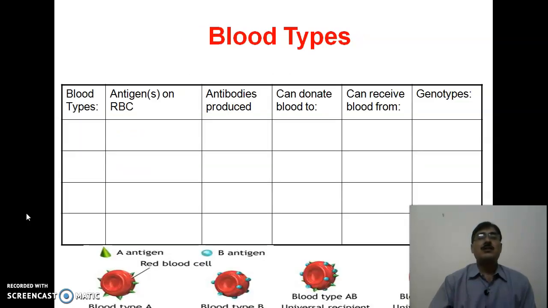Now let us discuss the genotype and phenotype of the ABO blood types.